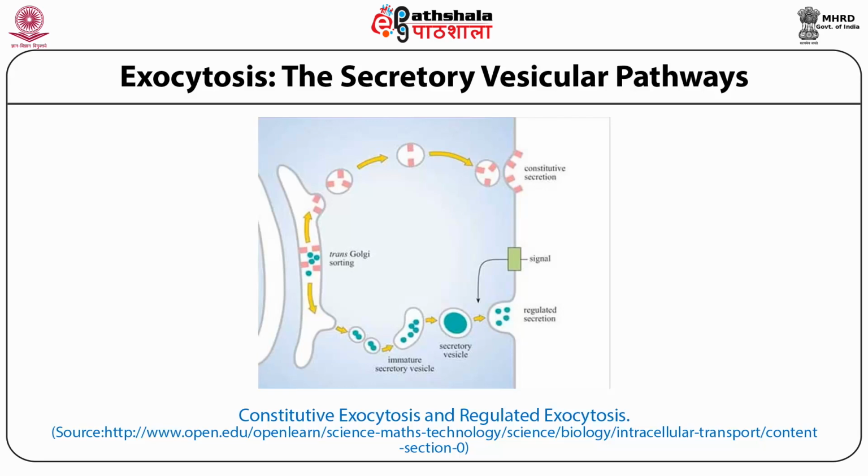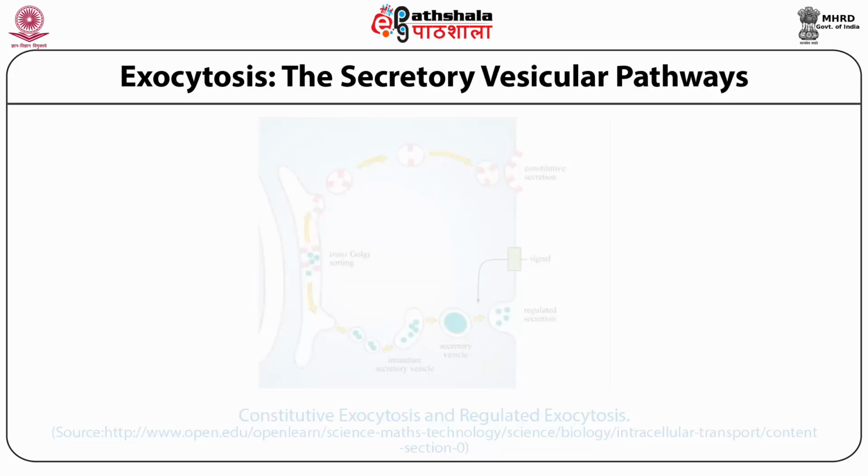In constitutive exocytosis, the process goes on without any signal, and the molecules move from the trans-Golgi apparatus towards the extracellular matrix. While in the case of regulated secretion, a signal is required to fuse the secretory vesicle towards the outside of the extracellular matrix.